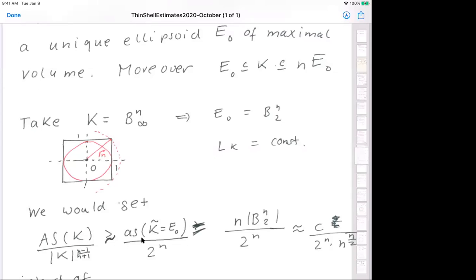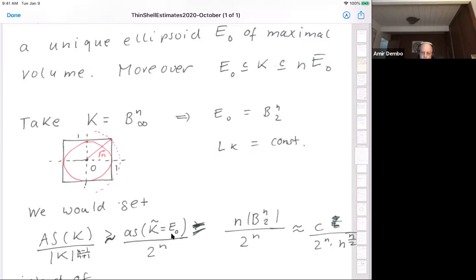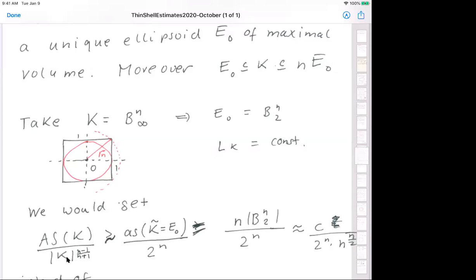So this is bigger or equal than, now we pick the ellipsoid of maximal volume, and then we'll have the volume of the L infinity unit ball, which is 2 to the n. Well, now I would have to raise to the power n minus 1 over n plus 1, but if the dimension n is large, that's just a constant. So now we know that the affine surface area of the Euclidean unit ball, which is the one that we pick here as our ellipsoid of maximal volume, is just n times the volume of the Euclidean unit ball.